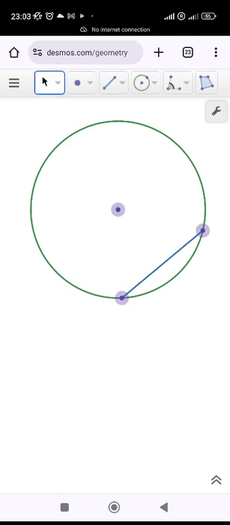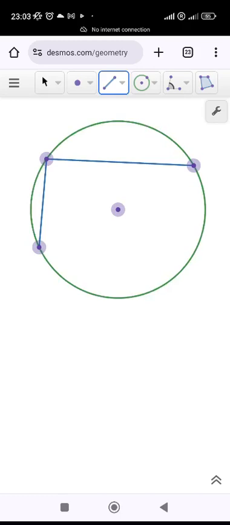If I move this chord now, with the app, it's not as easy as just keeping it the same length and putting it somewhere else, because the chord length changed. But if I did keep it the same length, then wherever that chord goes to form an angle, it is going to be the same angle.